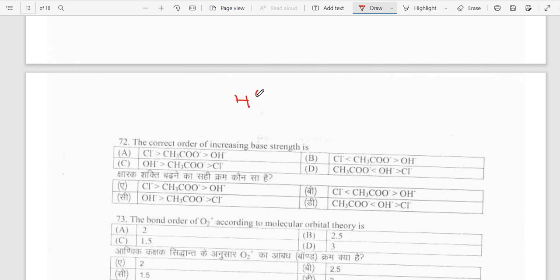Cl minus has the corresponding acid HCl, CH3COO minus has CH3COOH, and OH minus has H2O. The more acidic the compound, the less the basic strength of its conjugate base. HCl is a stronger acid than acetic acid and water. So the basic strength follows option C: OH minus, then CH3COO minus, then chloride ion.